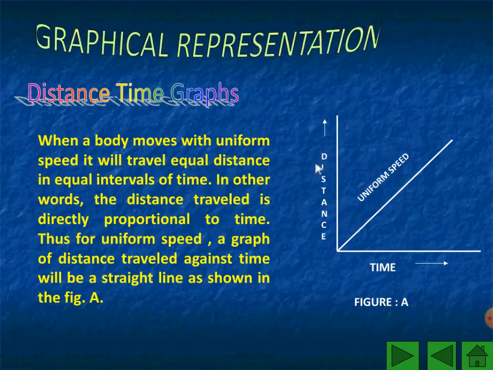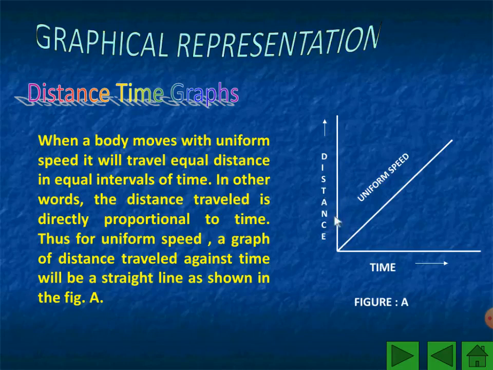So distance is the dependent quantity, and the dependent quantity will always be drawn along the y-axis, and the independent quantity will always be drawn along the x-axis. So for uniform motion, as time increases, distance will keep on increasing. So these two are directly proportional. As time increases, distance covered or path length will also keep on increasing. If one increases, the other increases.